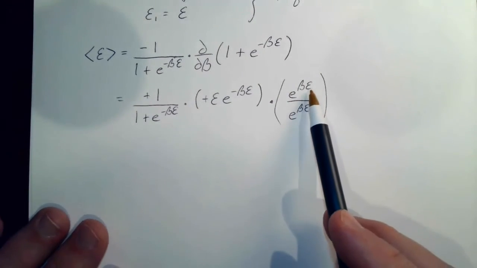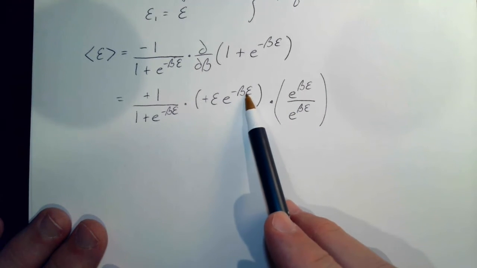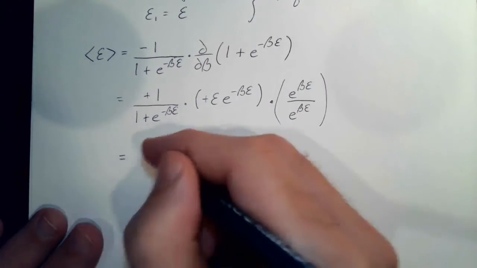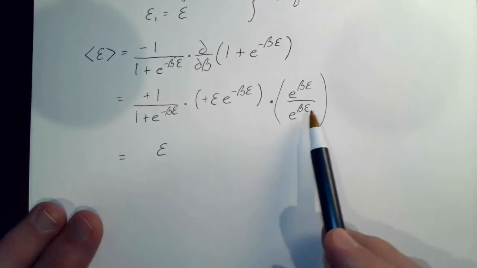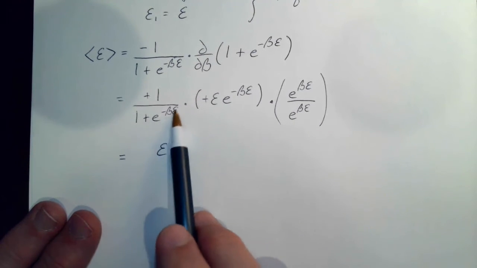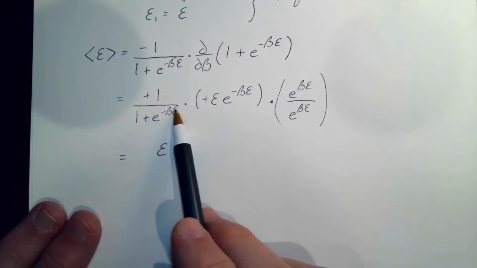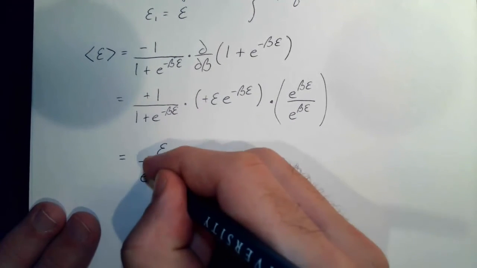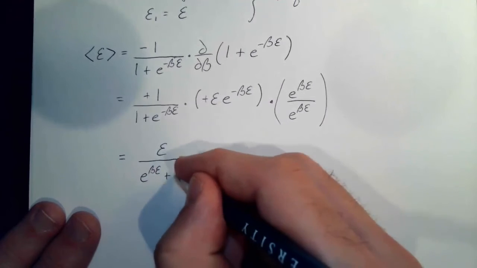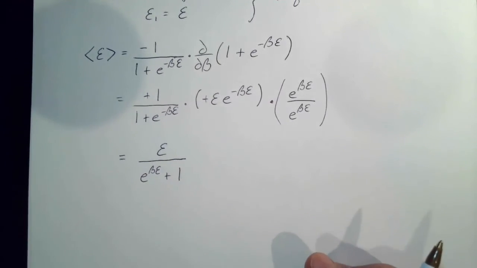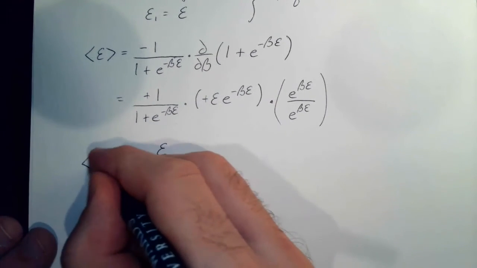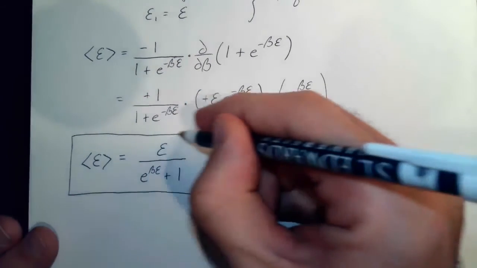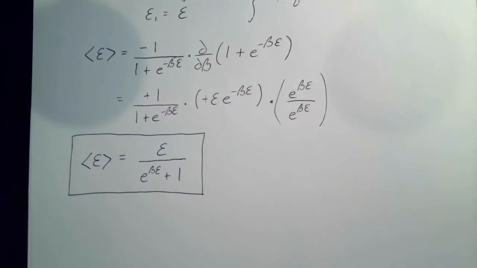And you see what happens in the numerator here. This e to the minus beta epsilon times e to the beta epsilon, that's going to become 1. So the numerator becomes epsilon. And the denominator, the same thing. I'm going to get a 1 when I multiply this over here, plus 1 times this. So it's going to be e to the beta epsilon plus 1. And there's our formula for the mean energy of our two-state system.